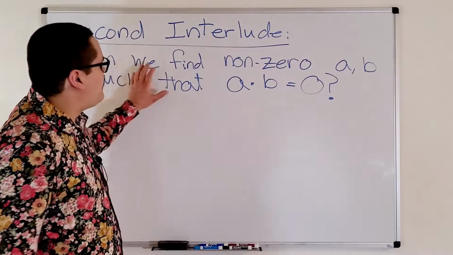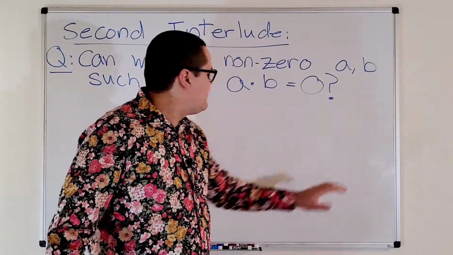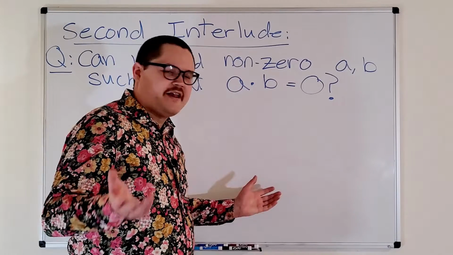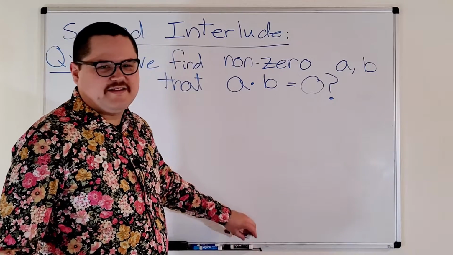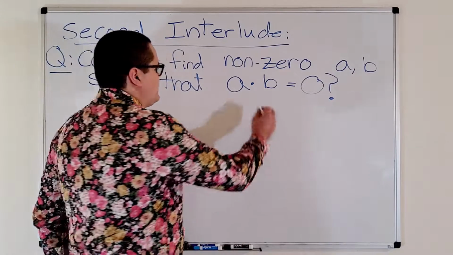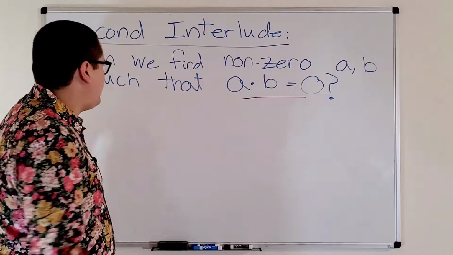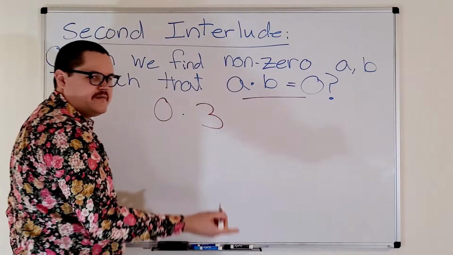Question: can we find non-zero numbers a and b such that a times b is 0? I don't know. Let's think about it. So let's say I want a times b equals 0. Well, I could take a to be 0 and b to be 3, right? 0 times 3 is 0.